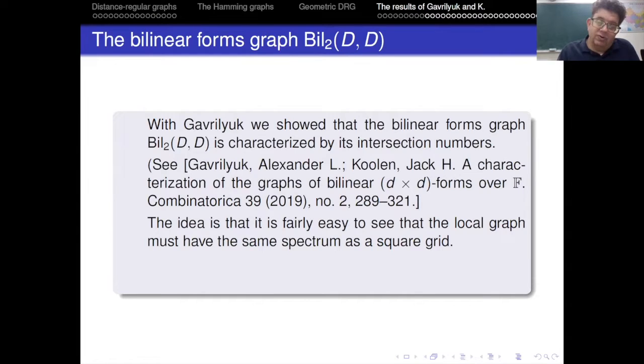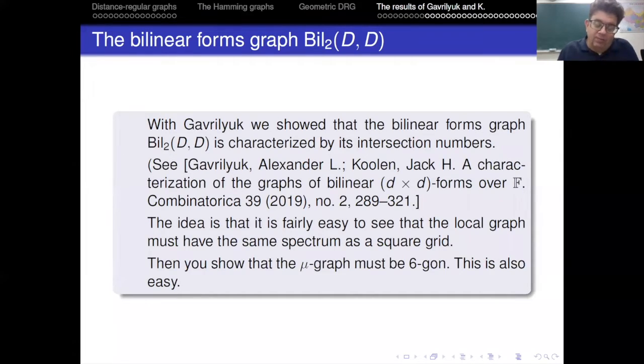Yes, because it had only 3 distinct eigenvalues. The local graph is K regular, and it's A1 regular and has 3 distinct eigenvalues, so it must be a strongly regular graph. Then you show that the mu graph must be a hexagon. This is easy. The reason that this is easy is because the C2 of those graphs is 6, and the C2 of the square grid is 2, so it must be a 2 regular graph.